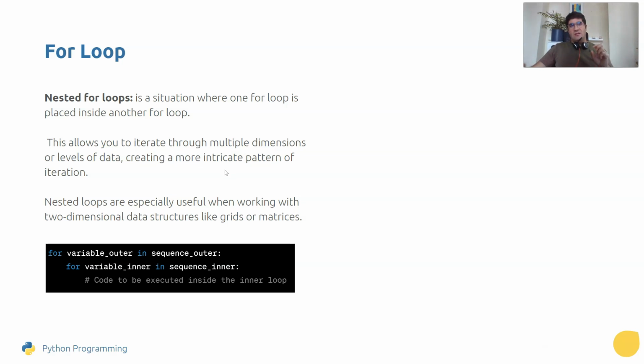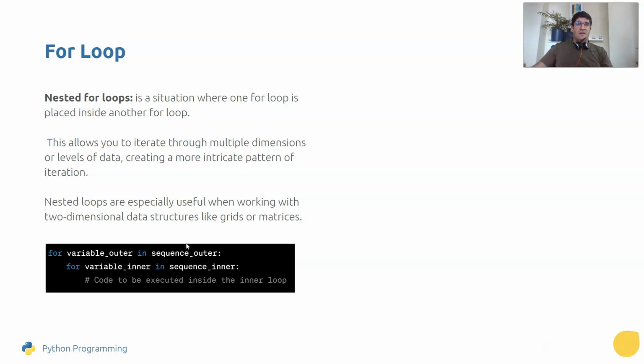If you have multi-dimensional data, which is a common pattern especially in machine learning and data science, nested loops are one of the important concepts that you need to learn. Nested loops are especially useful when working with two-dimensional data structures such as grids or matrices.